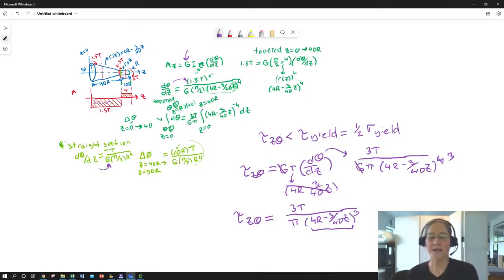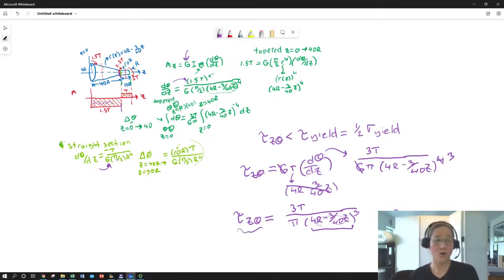So as z gets bigger and goes towards where we're pretty small here, this term gets smaller. So we would be looking towards this point. We would look at the 40r. So if we put in 40r for z, we would end up with a single r in the denominator, and that would allow us to calculate our max tau.